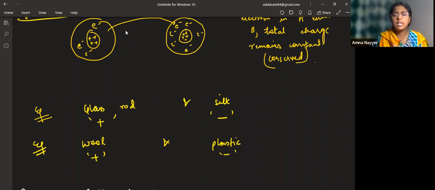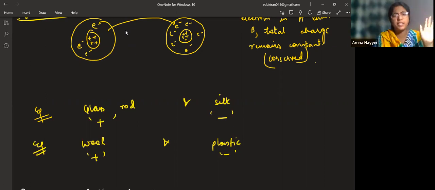Similarly is the case for wool and plastic. Let's say this is a plastic rod, rubbed against some wool, the winter wool which we have. So plastic is going to acquire negative charge this time. It is going to acquire electrons and become negative, while the wool cloth will become positive. How do we know this?